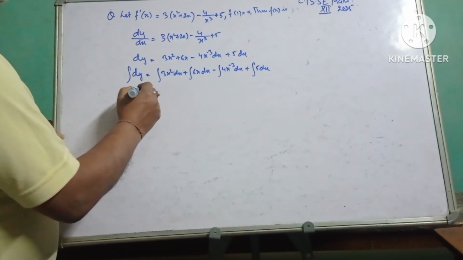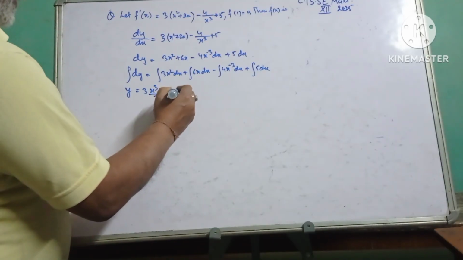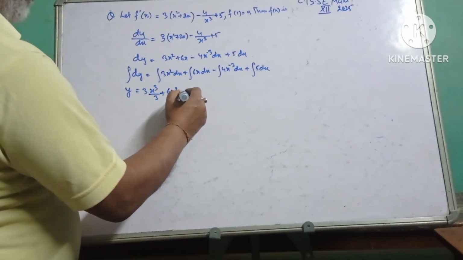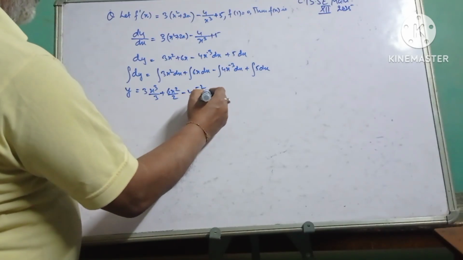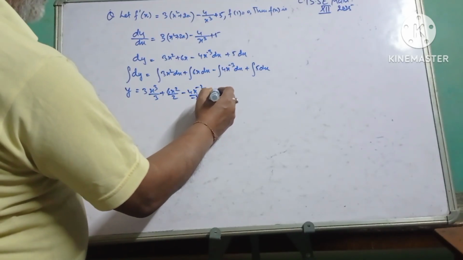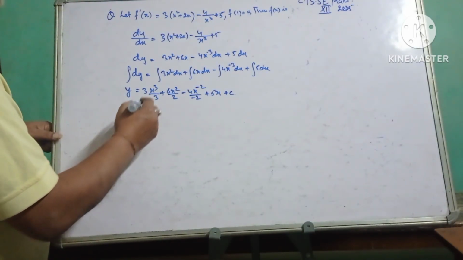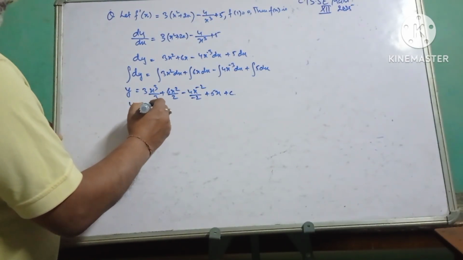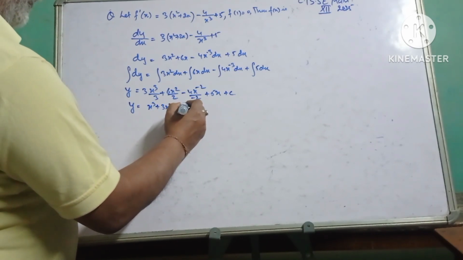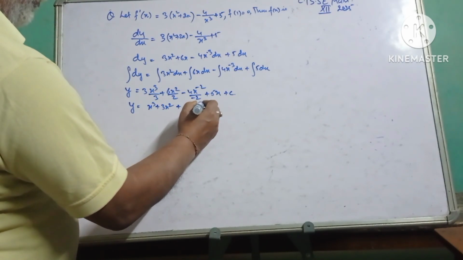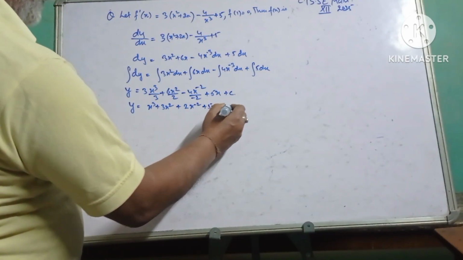So this will be y is equal to 3 x cubed by 3 plus 6 x square by 2 minus 4 x to the power of minus 2 by minus 2 plus 5x plus c. So here this will be y is equal to x cube plus 3x square plus 2x to the power of minus 2 plus 5x plus c.